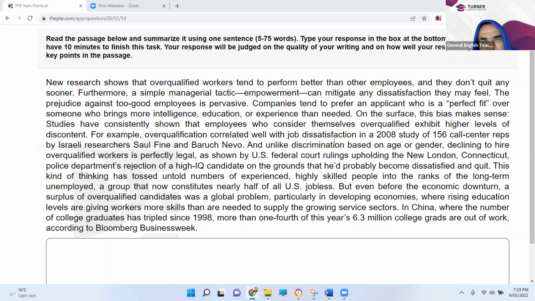Oh, okay. So here I can see that, all right, it's a bit grammatically off, but it's fine, so long as it's, okay. So as not to undermine the crucial implications of economic downturn, overqualified candidate, growing service sectors, as well as 6.3. So now you repeated overqualified, okay?